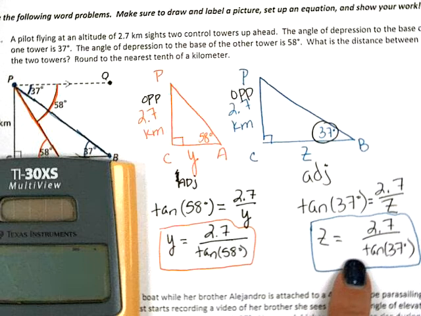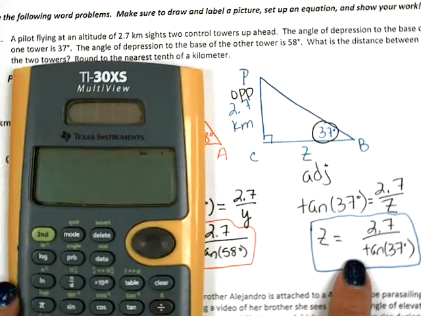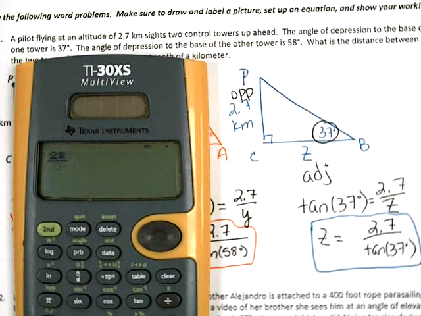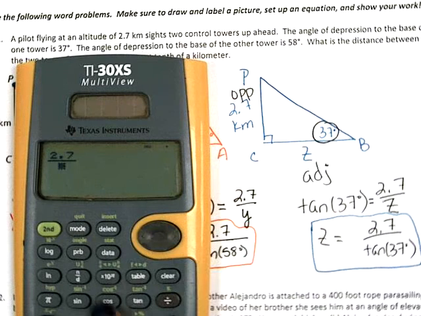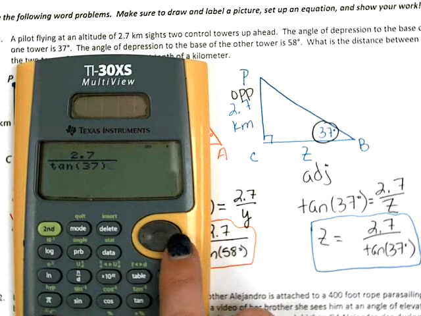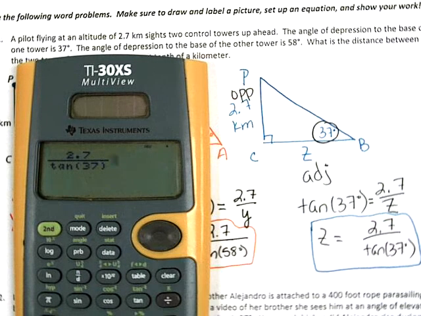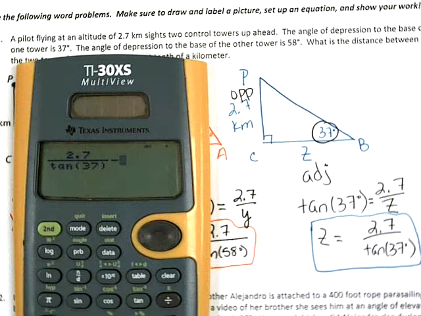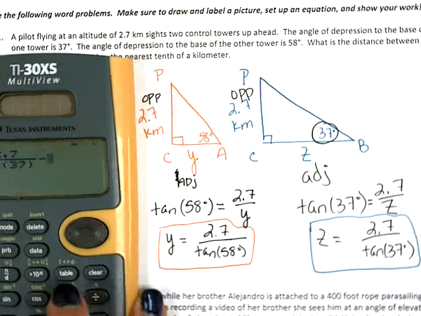the calculator. Here's z, right? So I'm going to go ahead and do 2.7 over the tangent of 37 degrees. Now notice I closed that parenthesis. I'm also going to move out of that fraction, okay? And then I'm going to subtract my y value.